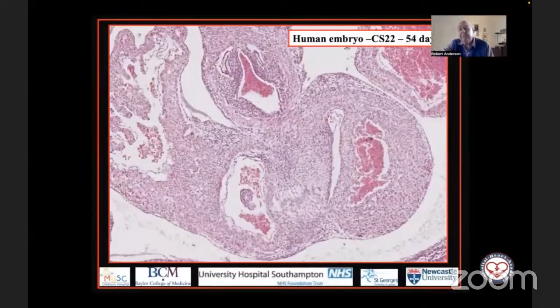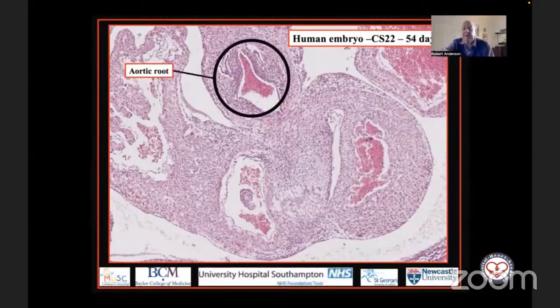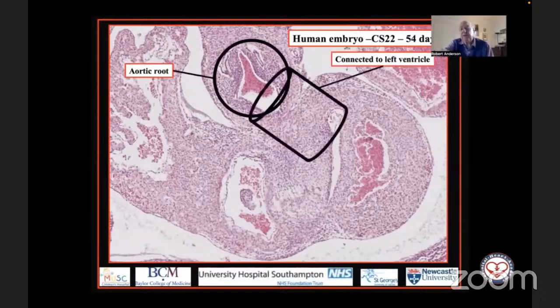So here we are in the middle of that 8th week of development, Carnegie stage 22. Embryonic development stops at the end of 8 weeks, and we move into the fetal stage. Now, this is again a frontal section. So there you see the aortic root, and we know by now that the aortic root is connected through that tunnel that was initially part of the right ventricle.